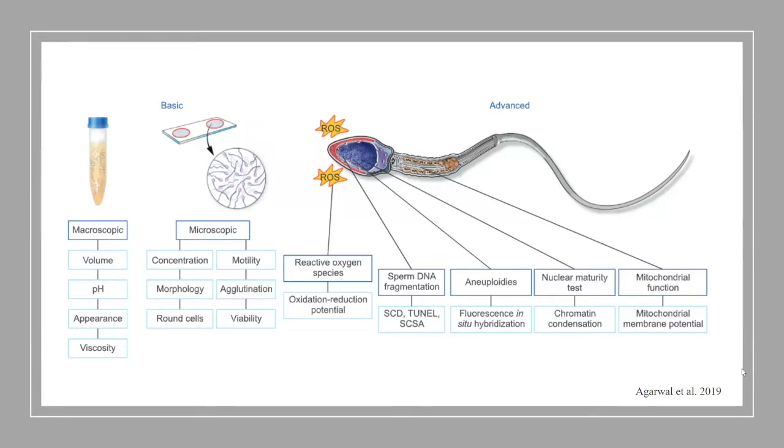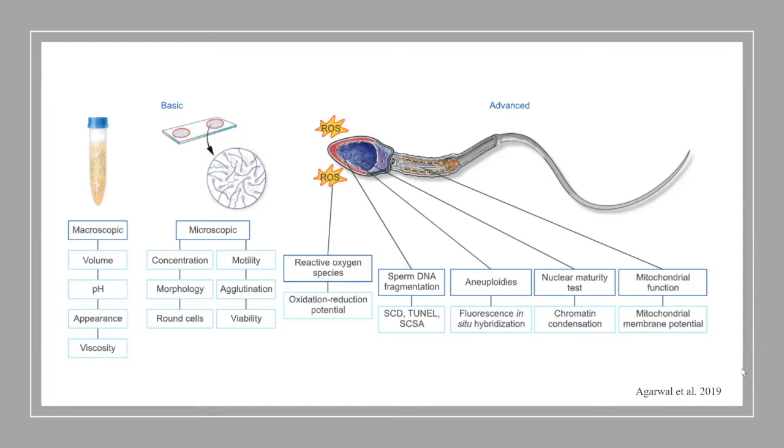And then it gets a little more in depth with the microscopic assessments that can be done, where you're looking at things like concentration, motility, whether it's moving forward or just wiggling, morphology of your cells, whether they look good, or if they might be morphologically not intact.